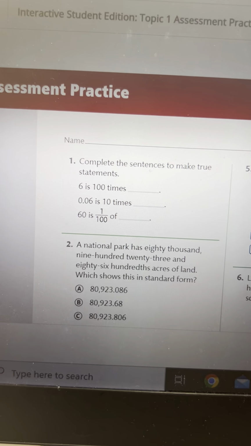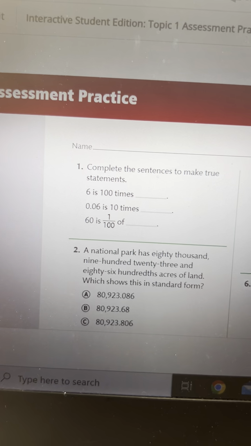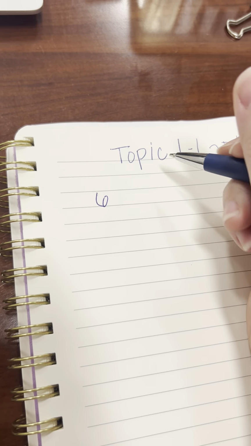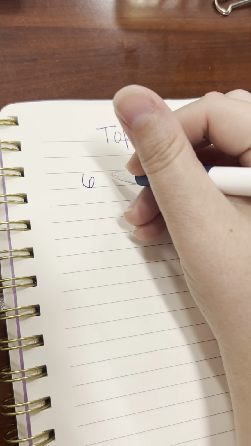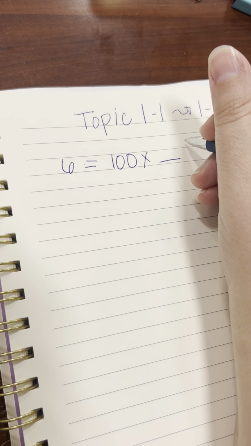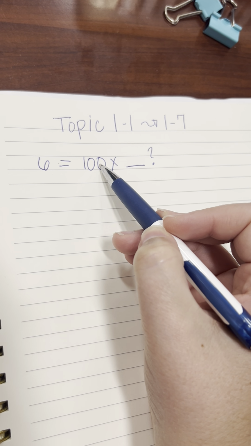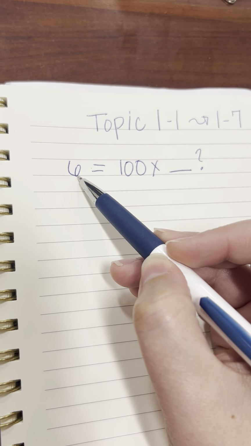The first question says, 6 is 100 times what? Okay, so if 6 is equal to 100 times what number? If I multiply this number times 100, I get this.